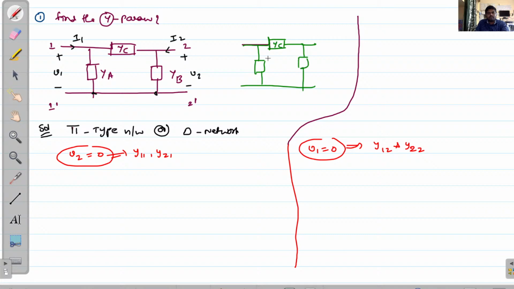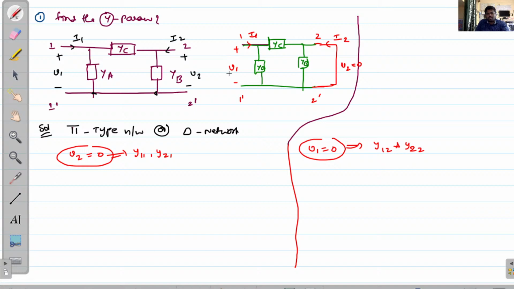So this is yc, ya, yb, and now this is 1, 1 dash, 2 and 2 dash, and this one is v1 and this one is i1. Here I am considering a short circuit, that is v2 equals to 0, and this is i2 amount of current.